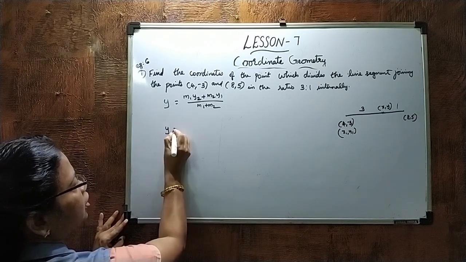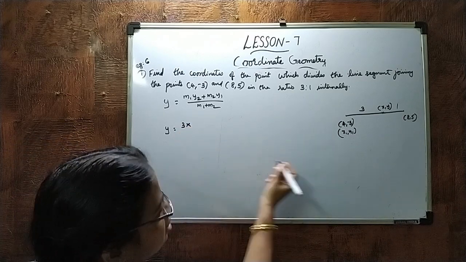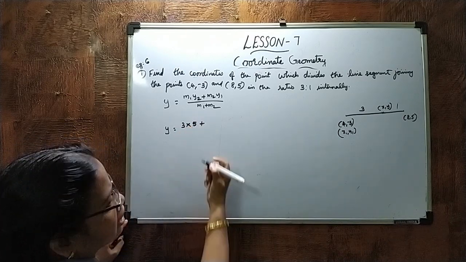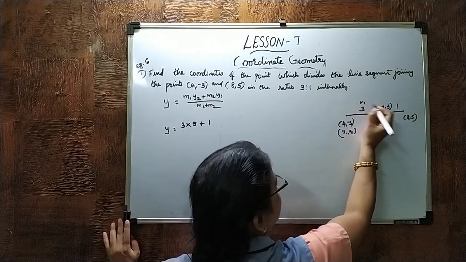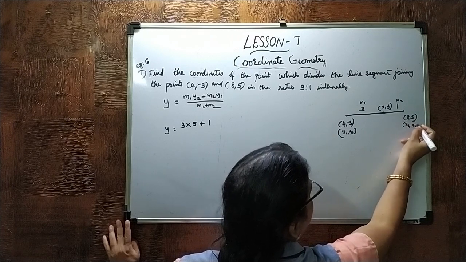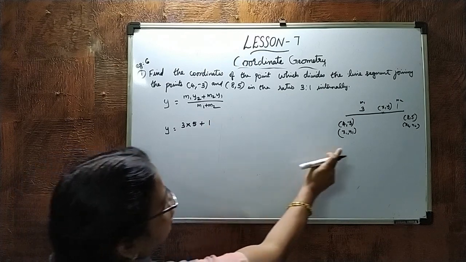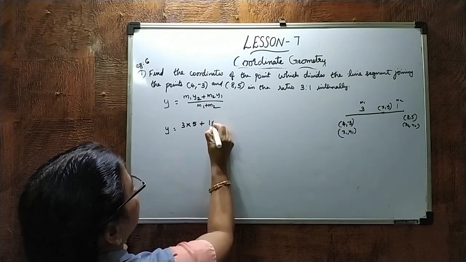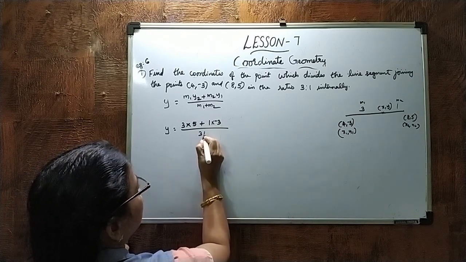So, y coordinate equals, m1 is 3, into y2 is 5, plus m2. m2 is 1. Here this one is m1, here it is m2, and here it is x2, y2. So it is 1 into y1, and y1 is negative 3, divided by m1 plus m2, 3 plus 1.